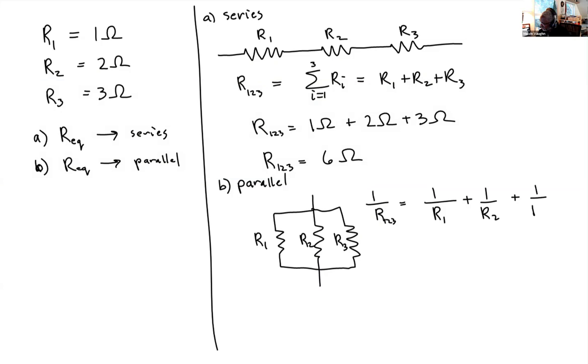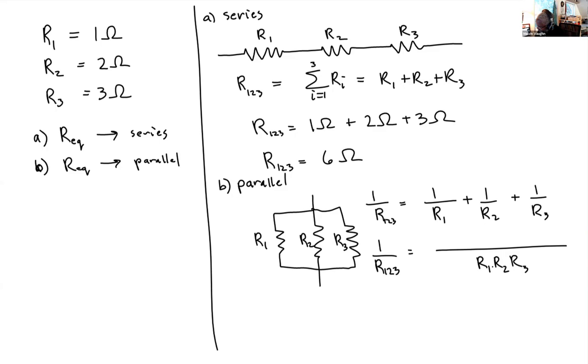So for this one, I'm going to just do my algebra out. I know my common denominator is going to be R1, R2, R3. So that's the product of the individual denominators.